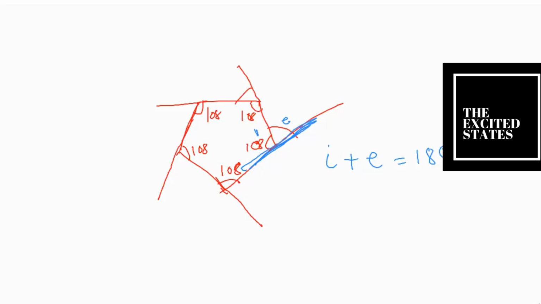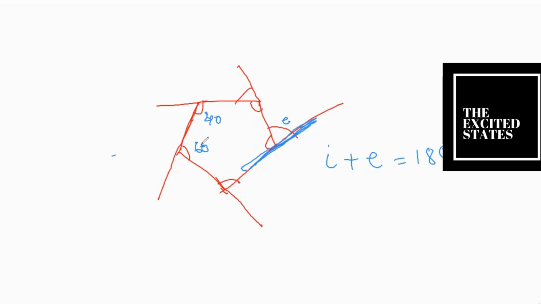Now, if in a pentagon, it is not a regular pentagon, two angles are given. They are 40 degrees and 60 degrees. These are 40 and 60, right?